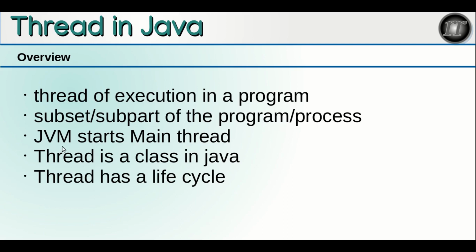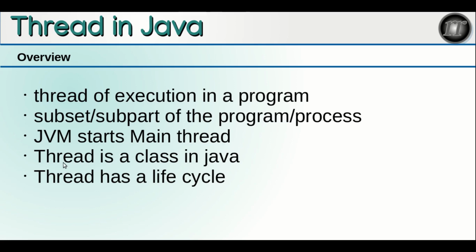So there is a main thread in Java. This is the main thread, which is the start point of the application. This is the primary thread of Java, which basically starts the application and can start other threads also.